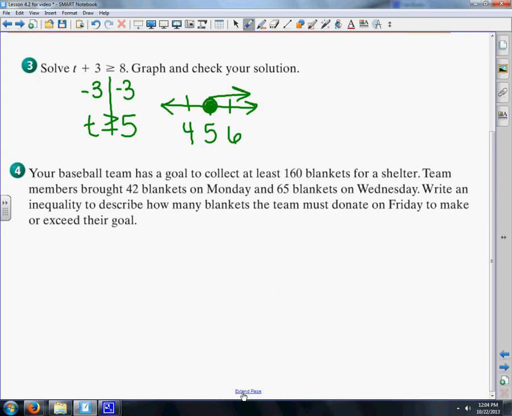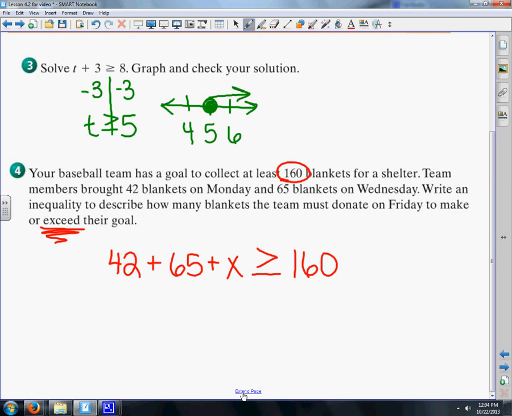Okay, so your baseball team needs 160. So that's going to be at the end of my equation. They brought 42 on Monday, plus 65 on Wednesday, plus they need to bring some more on Friday. And I want, it says, to make or exceed your goal. Exceed means you want to be greater than or equal to your goal of 160.